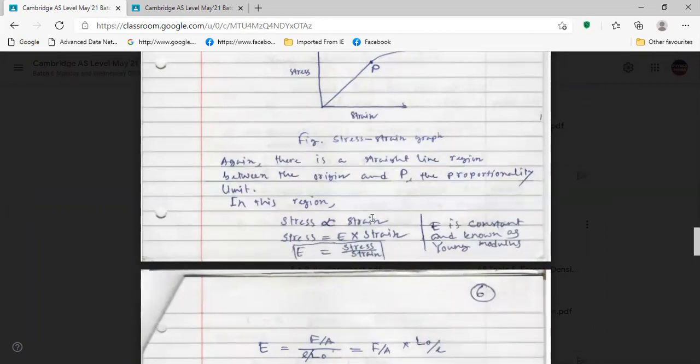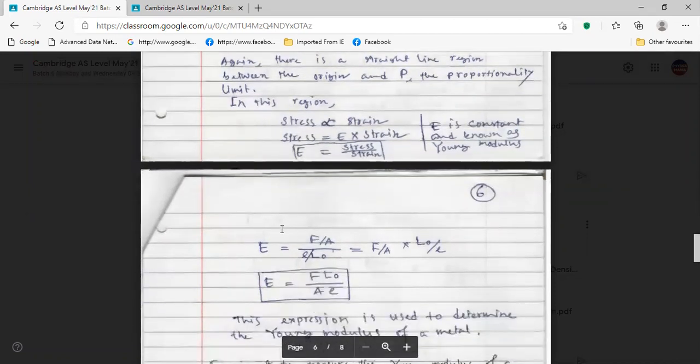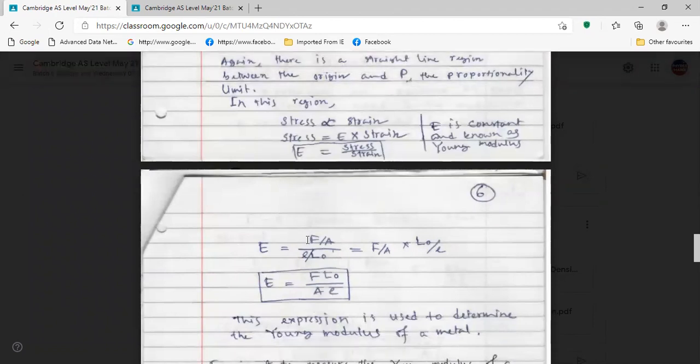Then stress equals E multiplied by strain. E equals stress by strain. So E is the Young modulus here. Stress is nothing but the pressure, that is F by A, and strain means the ratio of extension divided by original length. We say L0, that means original length.